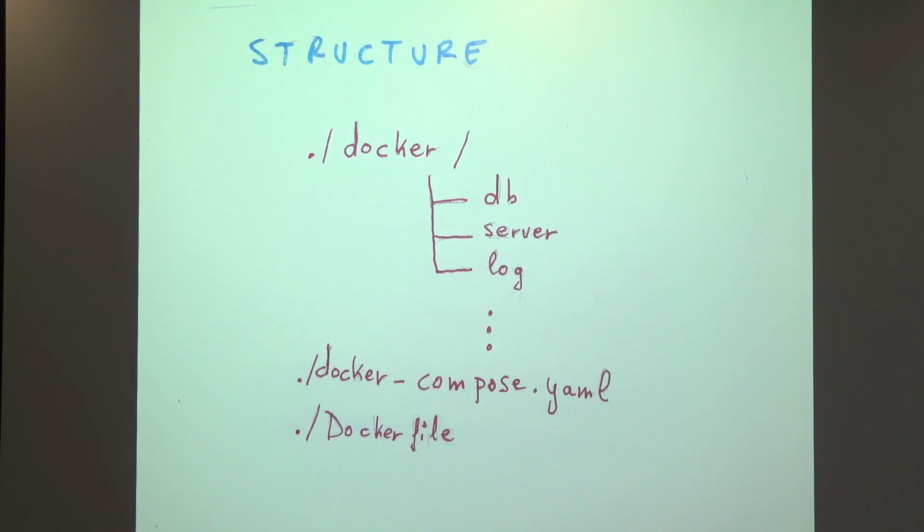The structure of the template is a Docker submodule with a lot of subdirectories, one for each of the services, with all the related information like scripts inside. Then there's a general Docker Compose file, which is the one we talked about, and a general Dockerfile, which creates the main container.